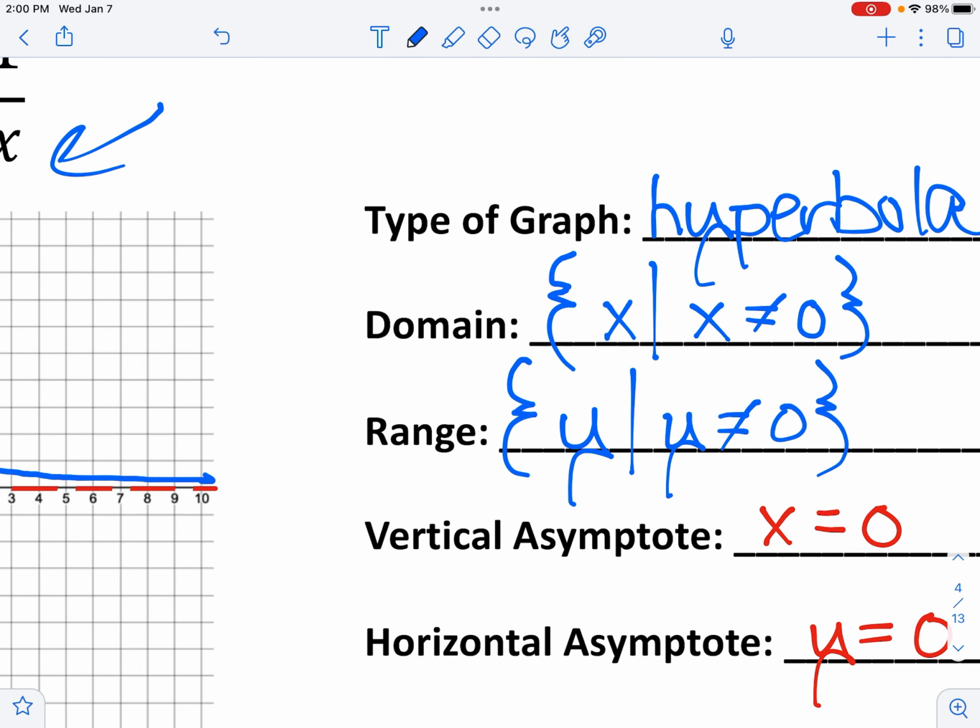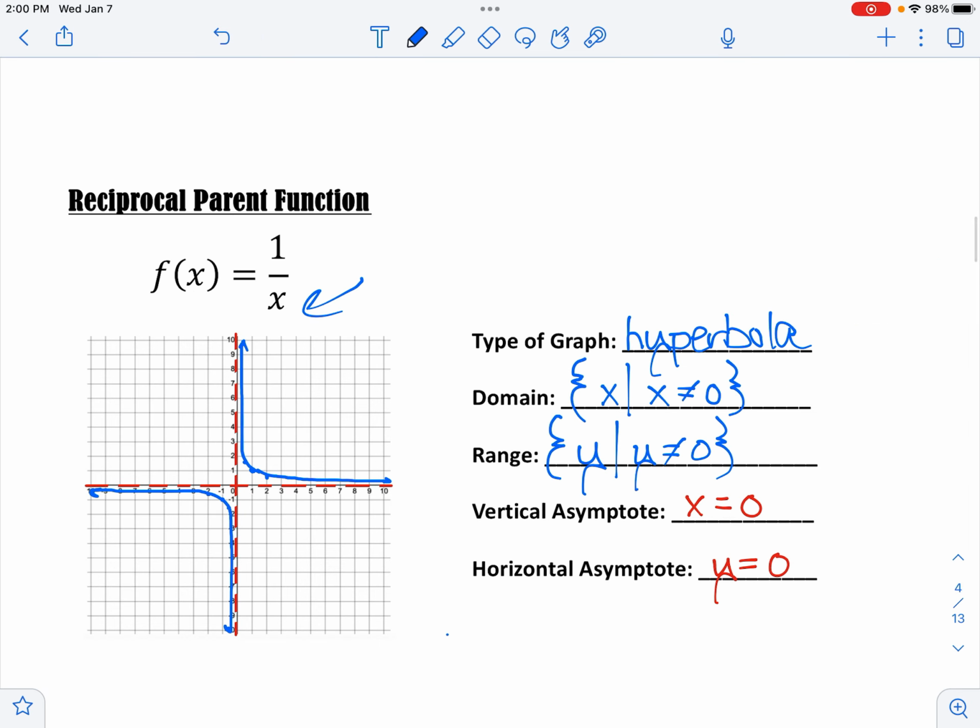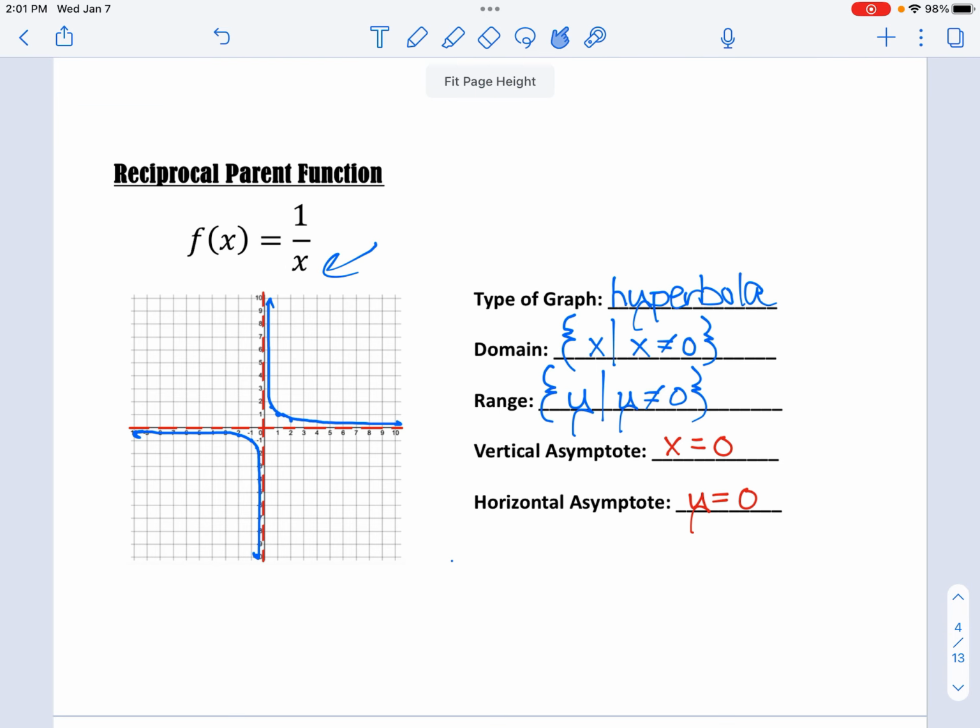And I explained why. Again, if I put a 0 or an infinity in for x, it'd be 1 over infinity, which would be really, really close to 0, but not quite. And again, those two things right here are tied. Okay. That is always the case. So again, this is called a hyperbola, and a hyperbola has multiple branches.